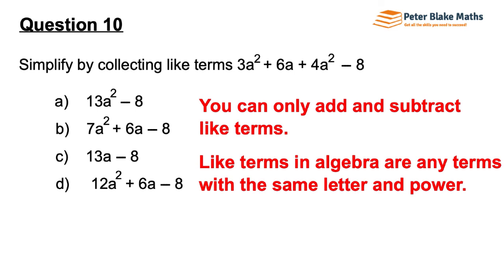We have 3a squared and 4a squared. We can join those two together, but we must keep the other two terms, the 6a and the minus 8, separate. So when we have 3a squared plus 4a squared, we'll get 7a squared. And then we just list the plus 6a and the minus 8 afterwards. So our final answer is 7a squared plus 6a minus 8.